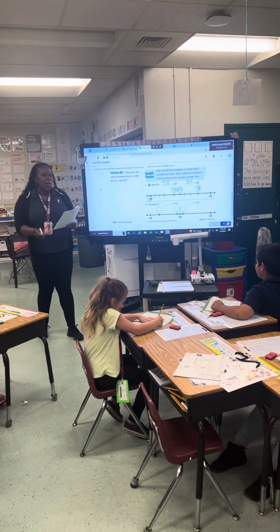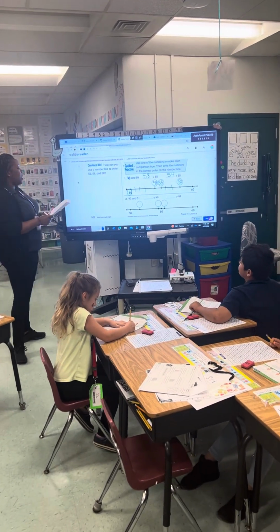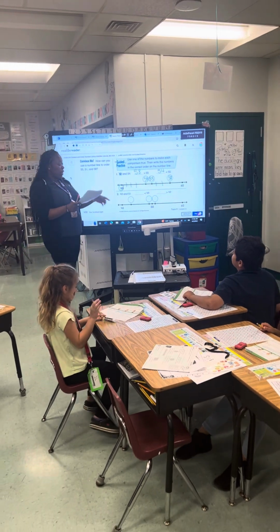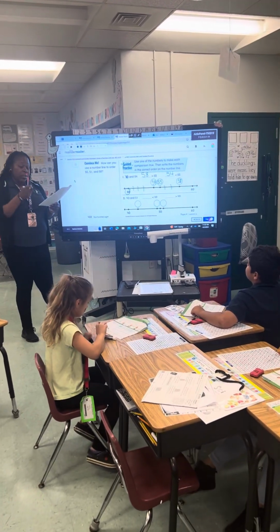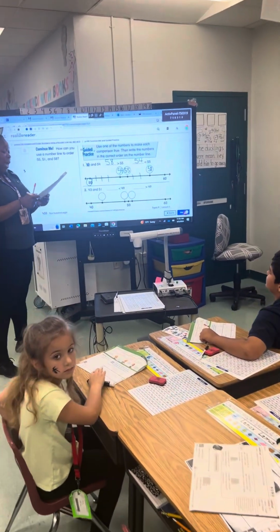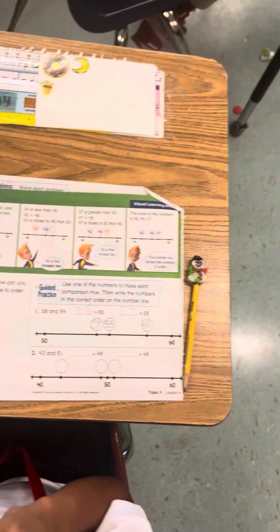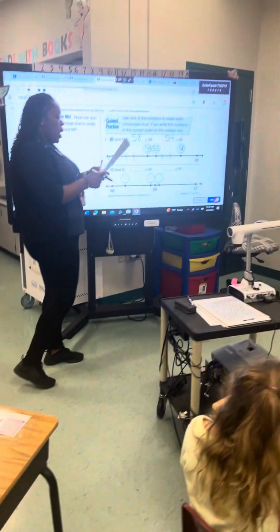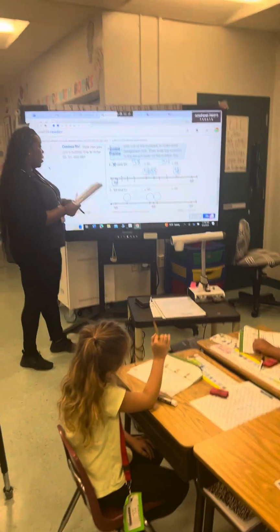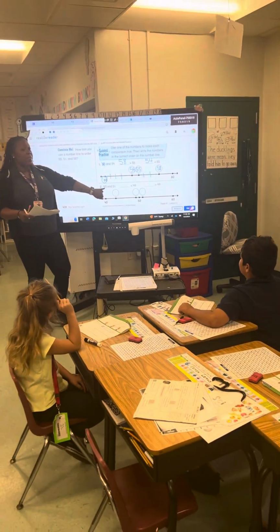All right, so now let's take a look at problem number 2. Again, we have to put the numbers in the correct order. Then we have to compare them. Let's read the numbers together.